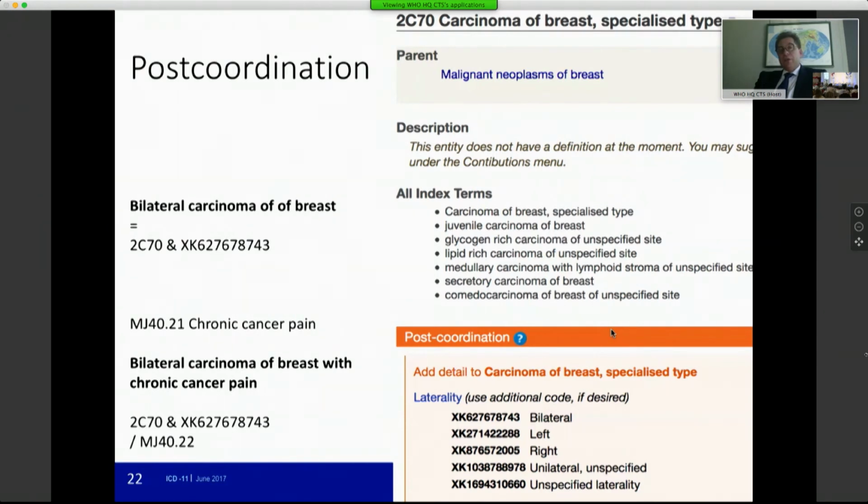Now, if I had somebody with chronic cancer pain, well, I can make one code string that is composed of the 2C70, the long thing, and with a slash indicating also that there has been chronic cancer pain in that context.